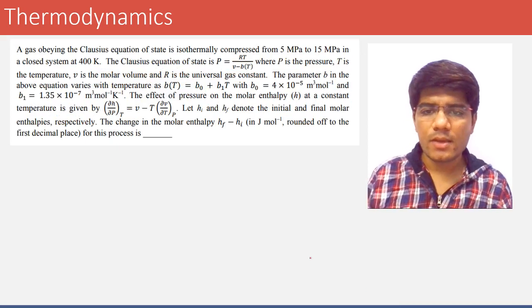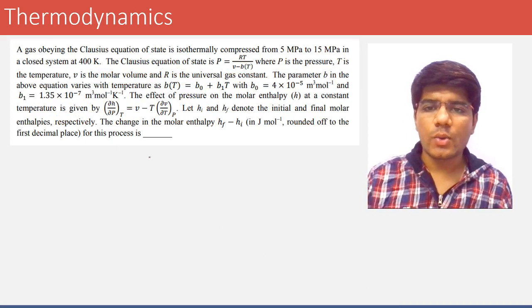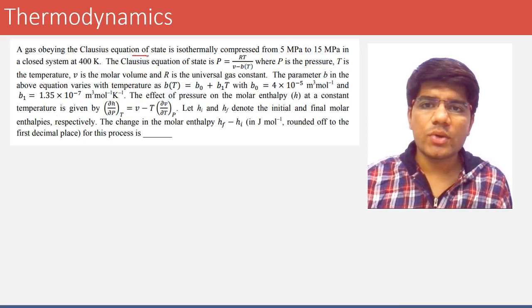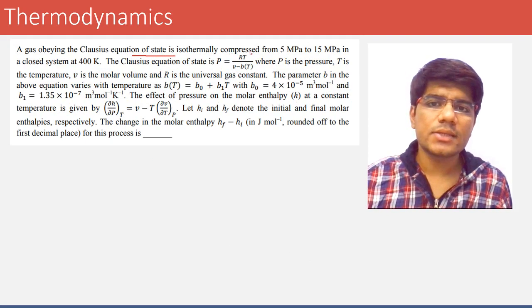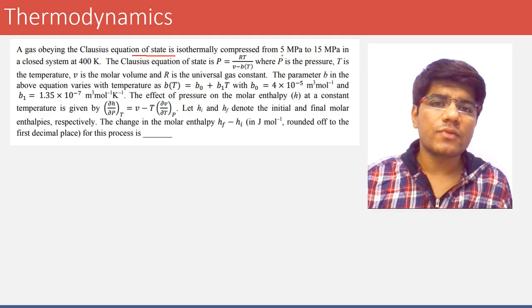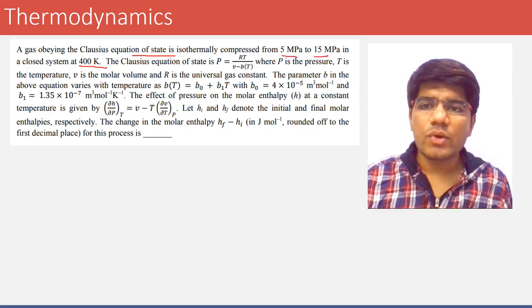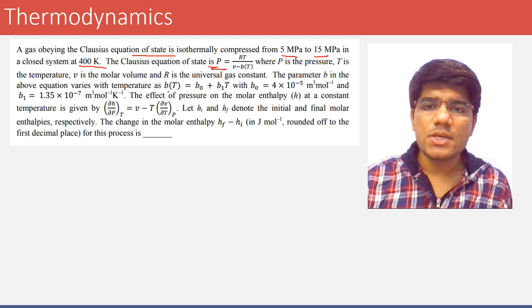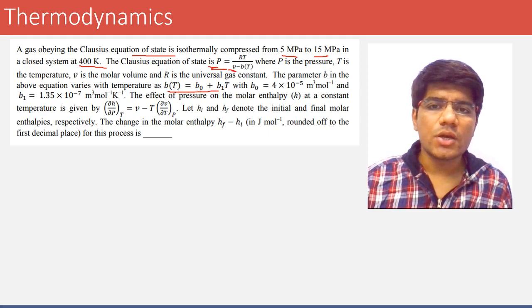Now the next question is quite conceptual. In this question, the Clausius equation of state is given, and the gas is isothermally compressed from 5 megapascal to 15 megapascal at 400 degrees Celsius. The Clausius equation of state is this one, and the parameter B is given as B0 plus B1 T, so B0 is given, B1 is given.